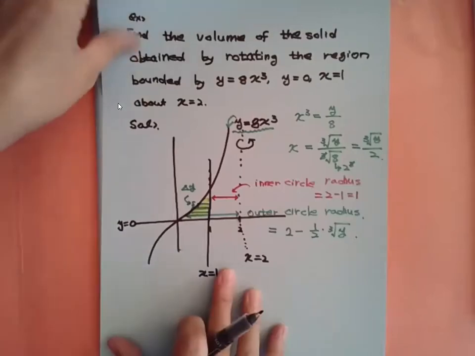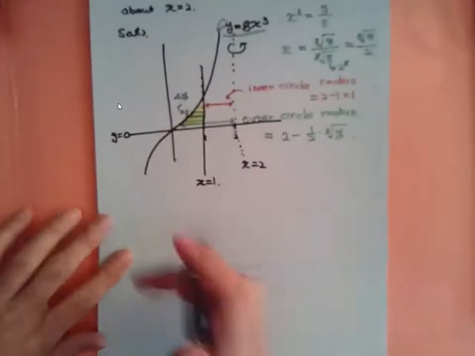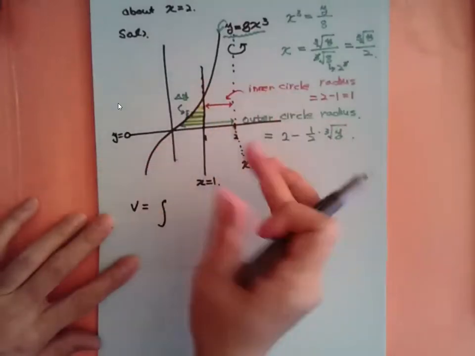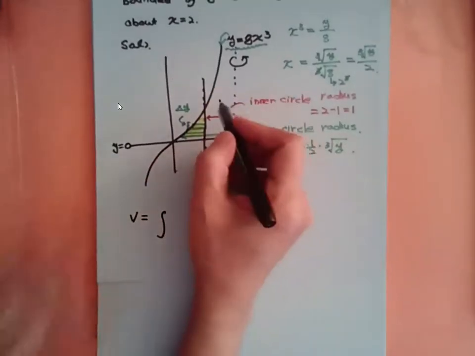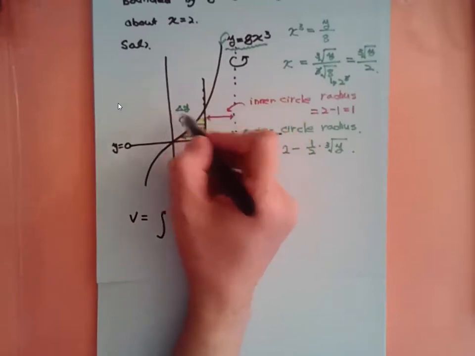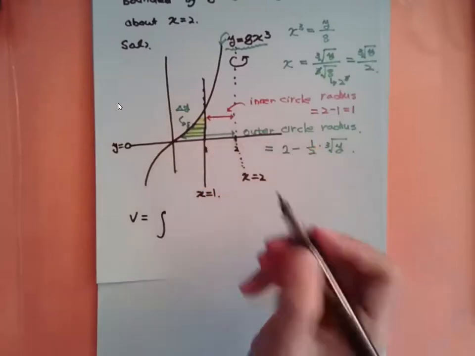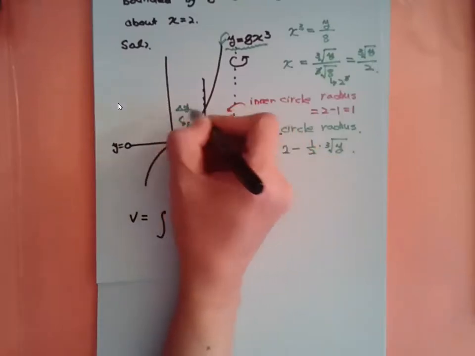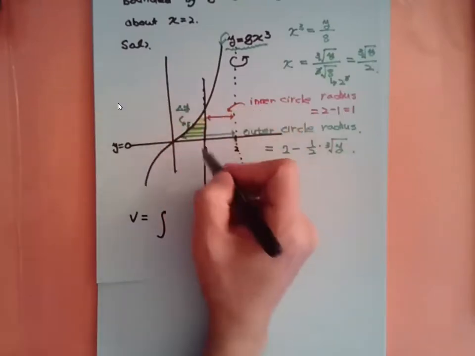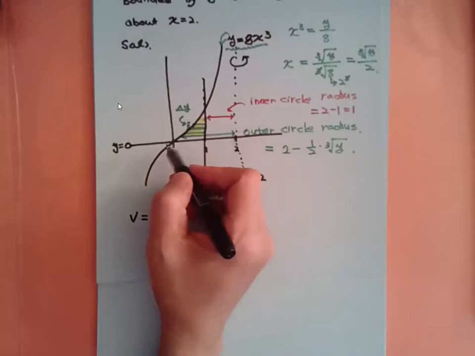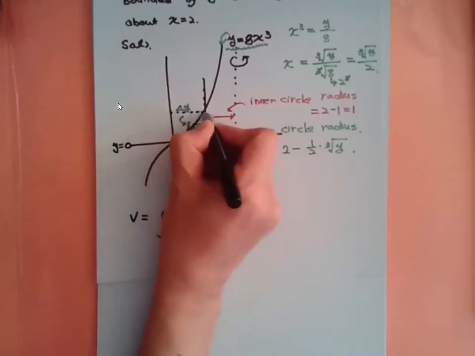Let's establish the formula. The volume is with respect to dy, so we have to figure out the y range. We figure out this intersection point. This is x equals 1, and so y is 8, right?